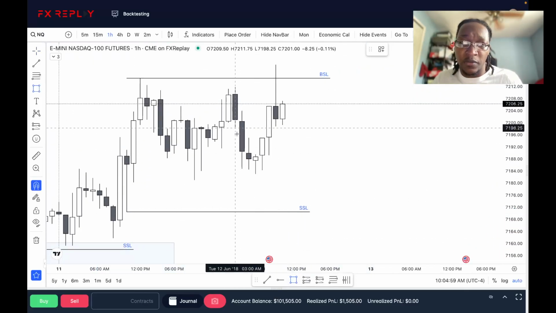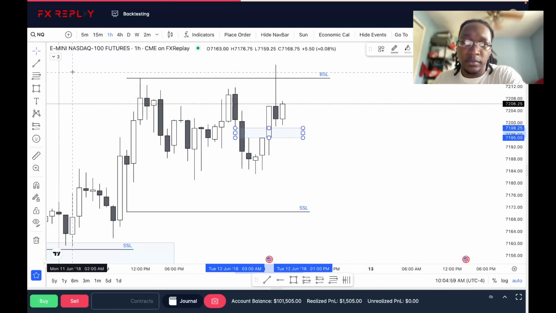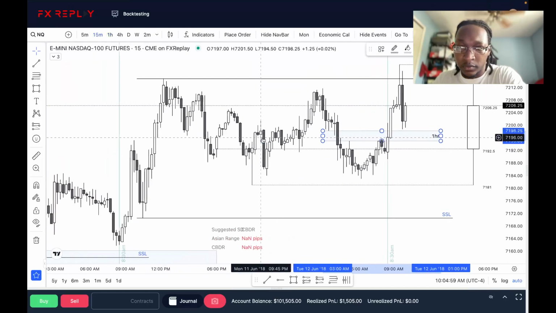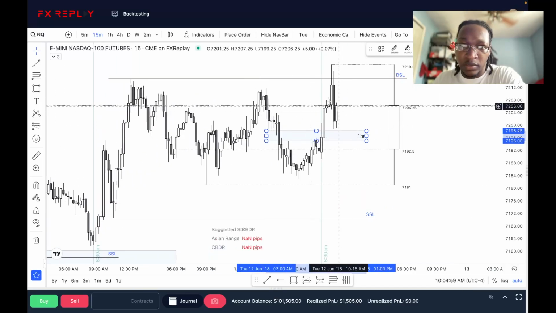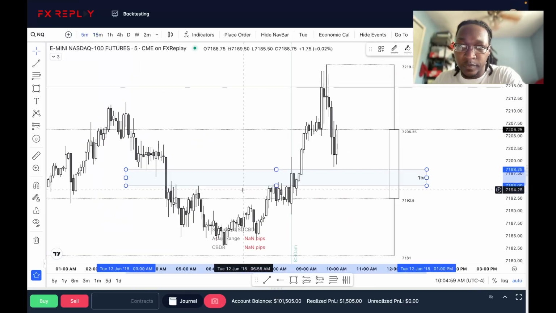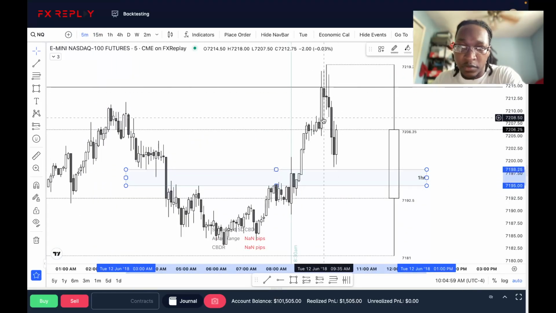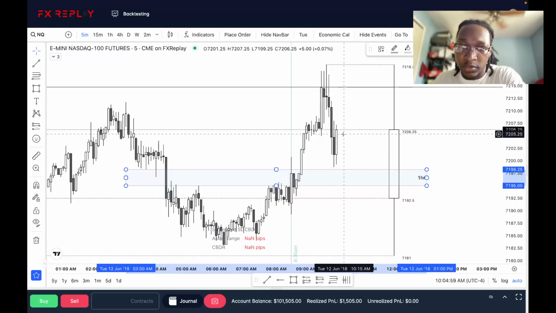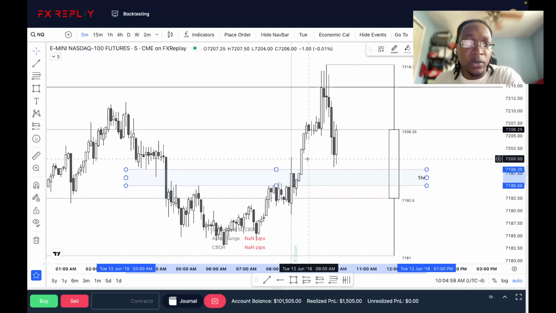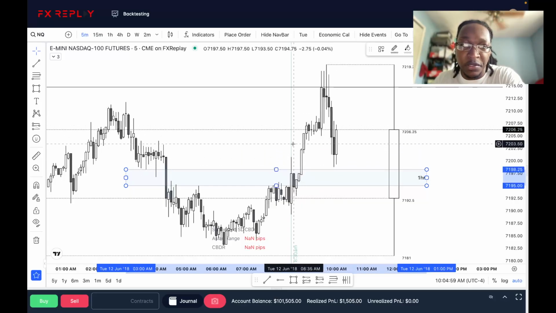We have this hourly inefficiency here, this inverse fair value gap. And then we have this on the 5 minute. We don't have a full fill on an inefficiency. We have the run on buy side. We don't have a full fill. We have a shift in structure. We have a fair value gap entry here, but we also are playing around a fair value gap there.